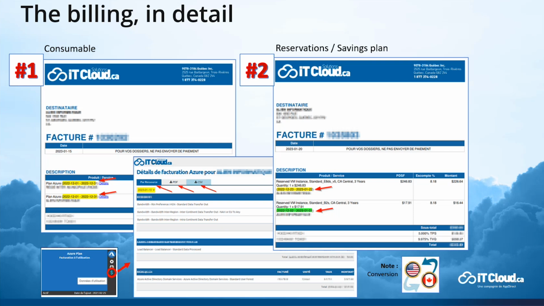So it's post-consumption. When you start a VM during a month, you will pay for what you consume, but you will receive the bill after the month, probably 2 weeks or more after the end of the month.